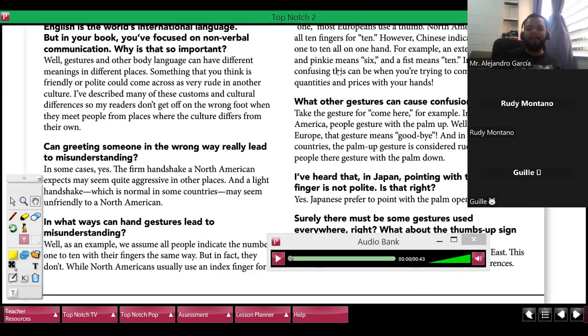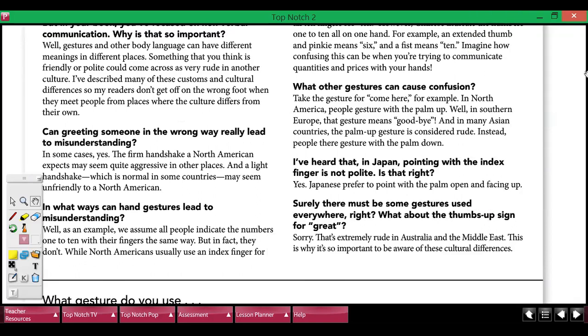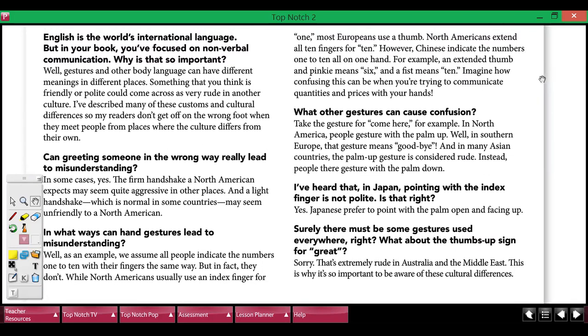Before we listen, I'm gonna give you 5 minutes to look for vocabulary and look for the meaning, okay? If you don't understand a word, Google it, and then I'm gonna play the audio. Read it, look for new vocabulary.